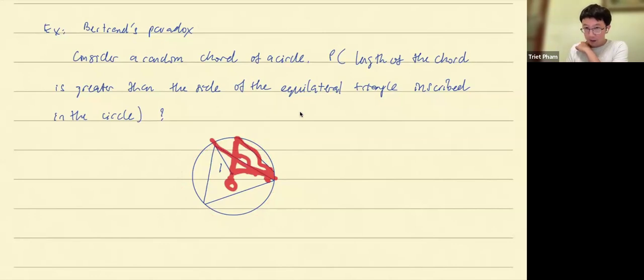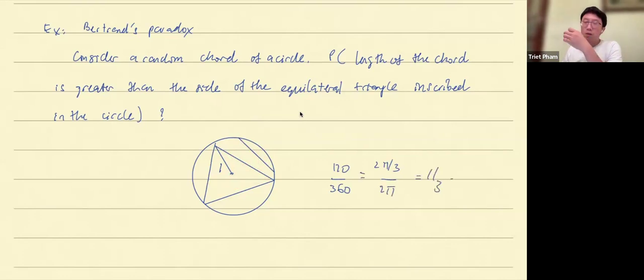And if the angle is less than 120, then it will be less. So the answer, with a view to the angle formed with the center of the circle, is 120 over 360, or if you prefer radians, pi over 3. Sorry, rather 2 pi over 3, over 2 pi, whatever. It's 1/3, right?